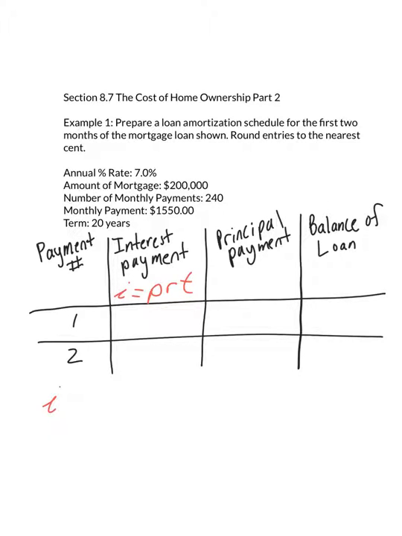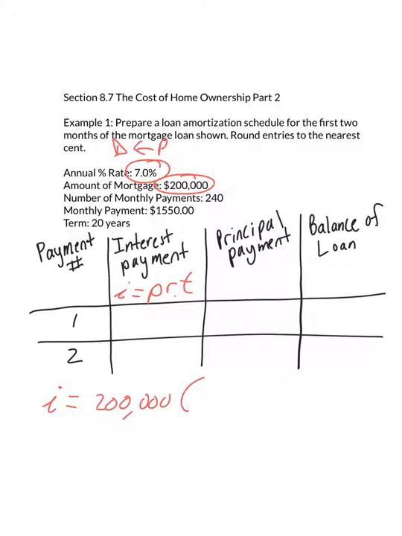So starting with month 1, the interest I, I'm using a lowercase cursive I here, equals the principal, P, well that was $200,000, that's the mortgage amount that we borrowed, times R, the interest rate that they're charging us, 7%. When you convert that to a decimal, means to move your decimal point 2 hops to the left.